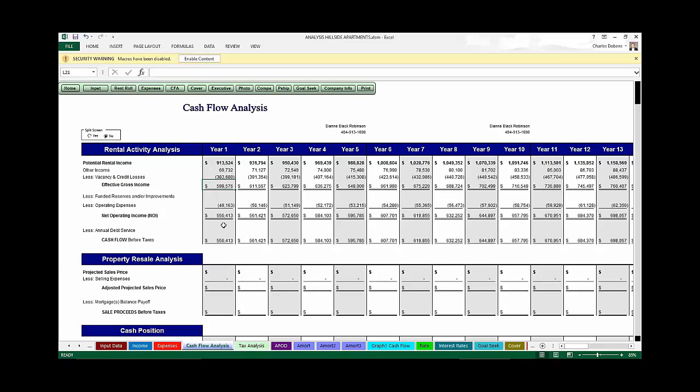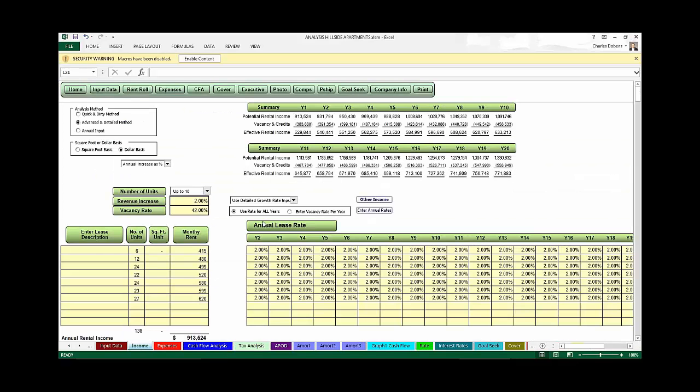It's holding ours. It's 599. Wait a minute. Other income 61,000. Potential rental income is 913. Less the vacancy. So what's happening here is that first year line, the rental income is not coming in to what it should be. Am I doing on 913?